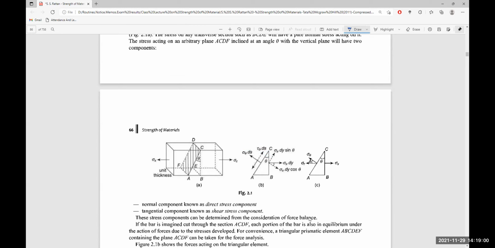Now, if theta is equal to 45 degrees, it is at this angle, and again if it is 90 degrees from here, this is 45, this is 90, and another 45, so this will be 135 degrees from here.